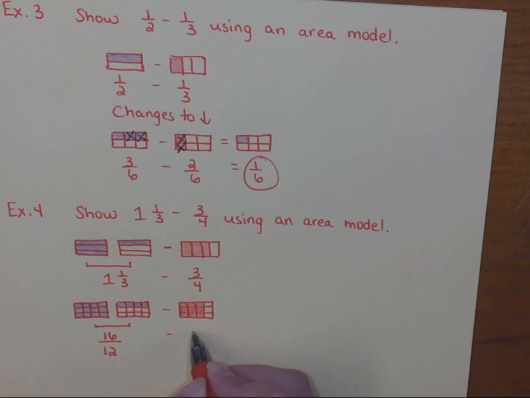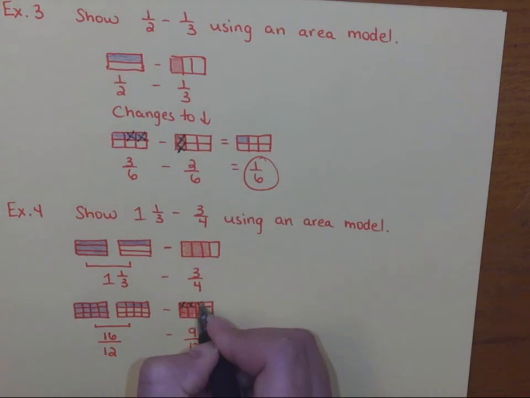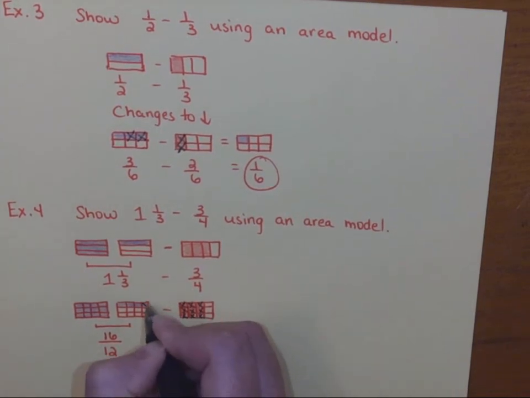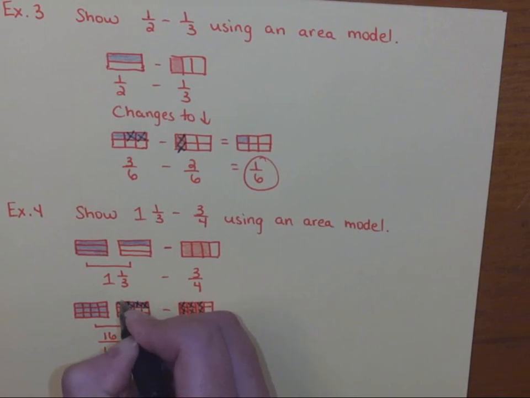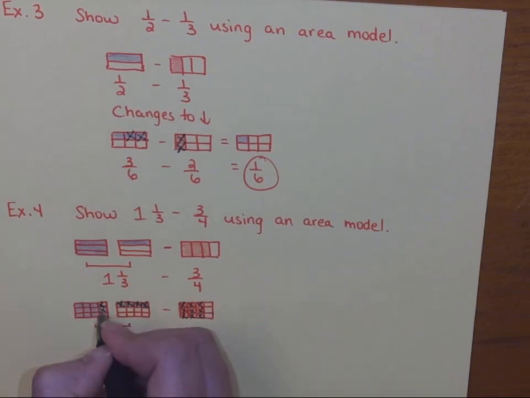And then, of course, we're subtracting 9/12. So you would cancel all these out, 9 of them, and you would cancel 9 of these, right? So those 4 first, and then really just any of 5 of these.